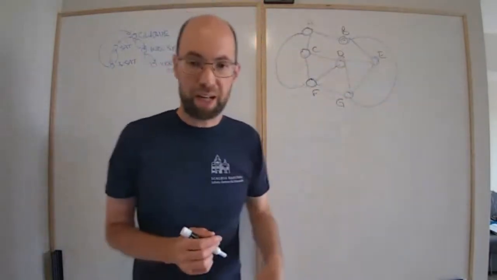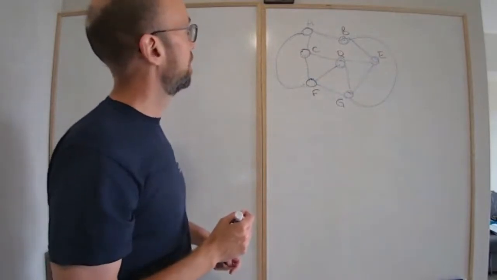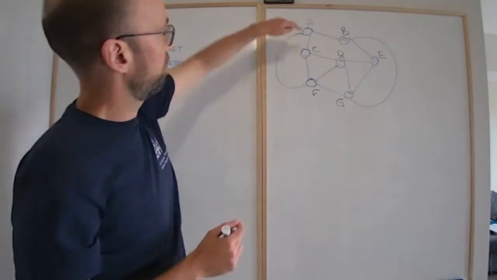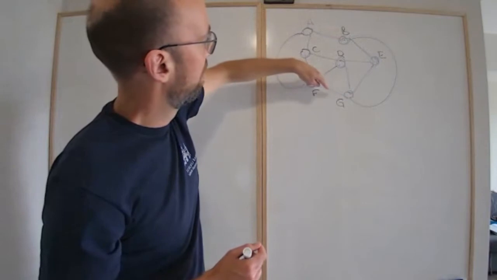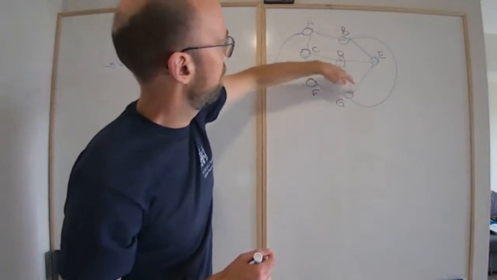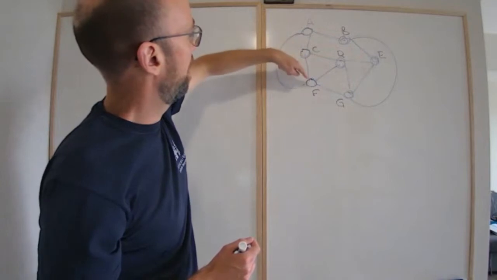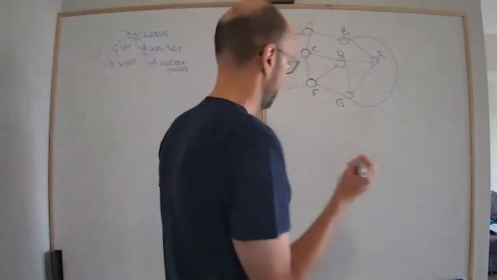It's not cycle, path. I think there's also a cycle because you go B, A, F, G, E, D, no, I don't know. Okay, but it doesn't really matter.